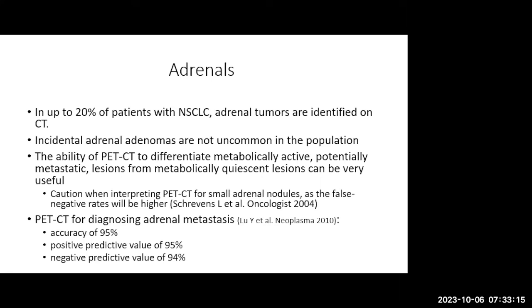But that capacity of differentiating metabolically active, potentially metastatic lesions from those that are quiescent and not metabolically active is very useful. And of course, if you have a small nodule in the adrenal, you may have a false negative result, and we always keep that in mind. The accuracy for detecting adrenal metastasis is very good for FDG PET-CT, 95%, the positive predictive value about 95% also, and the negative predictive value about 94%. So really good in that respect.